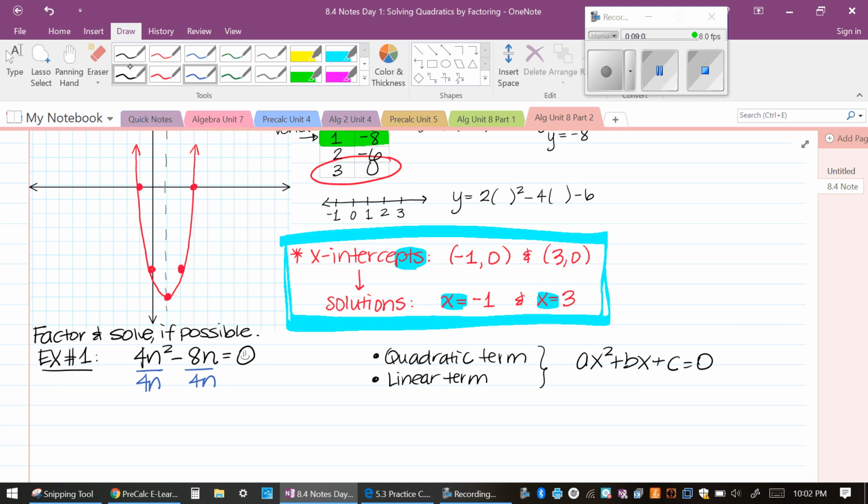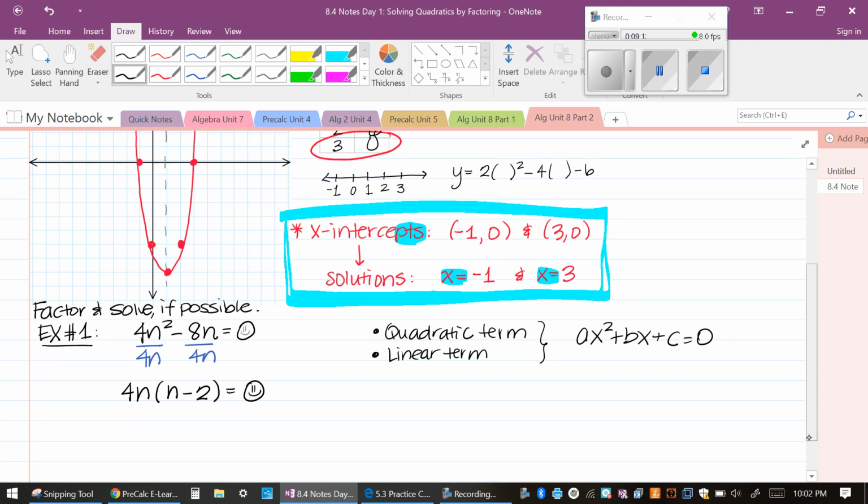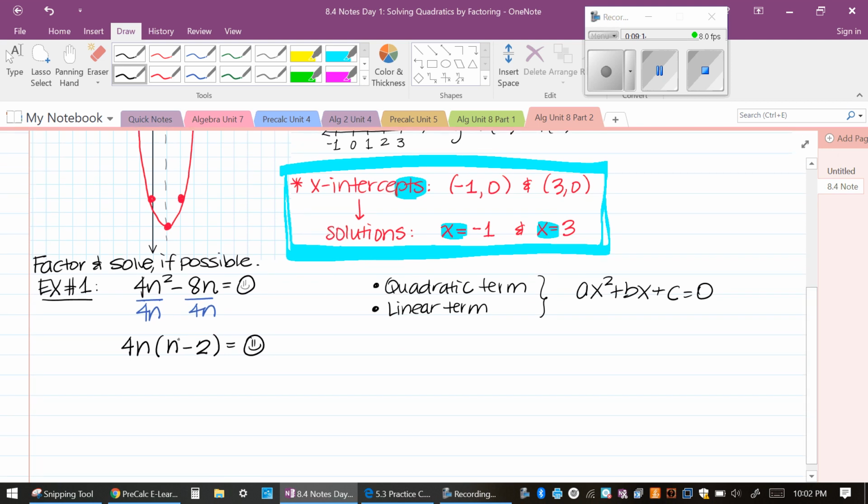That means that I could factor this into 4n parentheses n minus 2, and then bring down your 0. Since this binomial inside the parentheses is not a difference of squares, I can't keep factoring it. So I am done factoring.